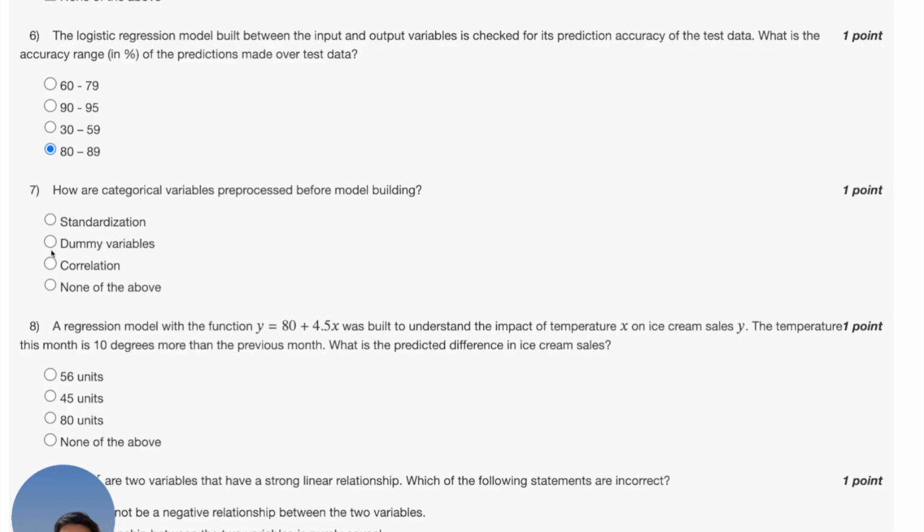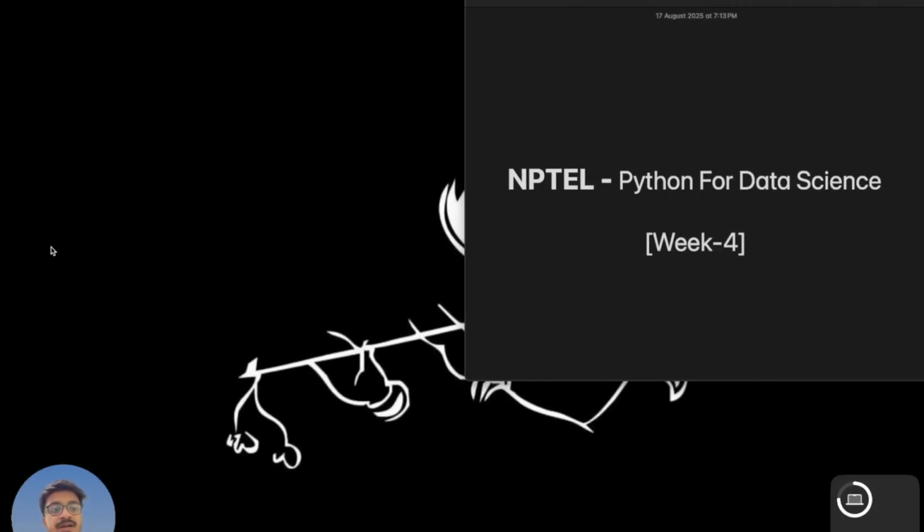The answer is dummy variable because standardization uses numeric data to bring values to the same scale. Standardization is the one which uses numerical data to bring their values to the same scale. If you are working on two to three data and you just need to scale it to the same values and then continue further with your calculation, then standardization will help you a lot.